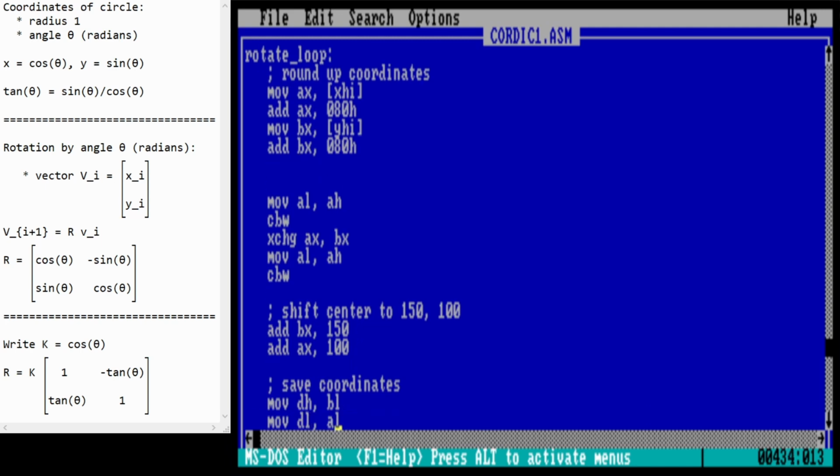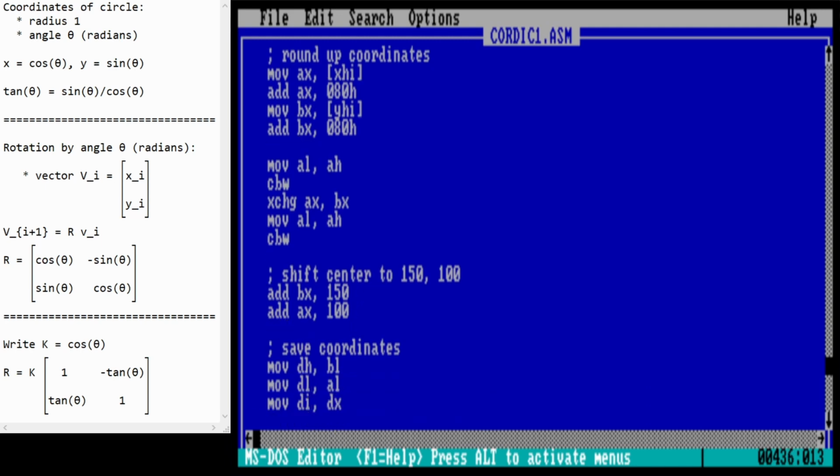And then we actually need to make a copy of our coordinates. Now, the reason we have to do this is because a little bit later we've got to blank this line out again when we're doing our animation before we redraw it in the new position. And so we're going to need these integer coordinates again later for the blanking.